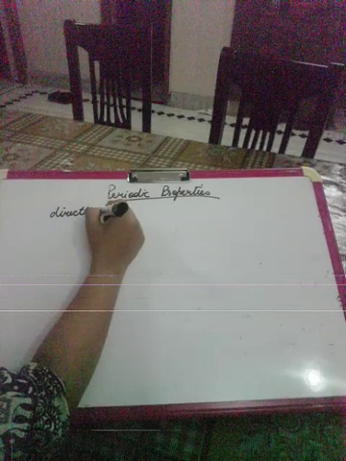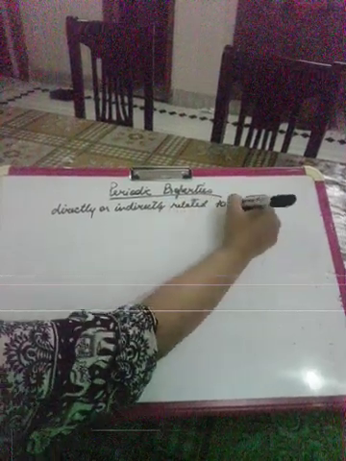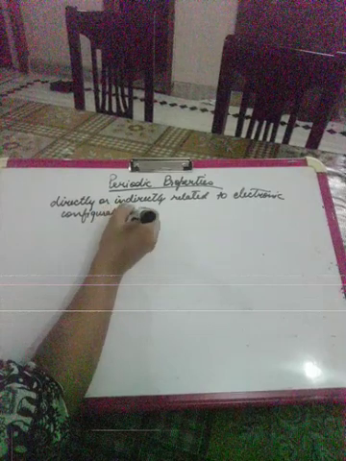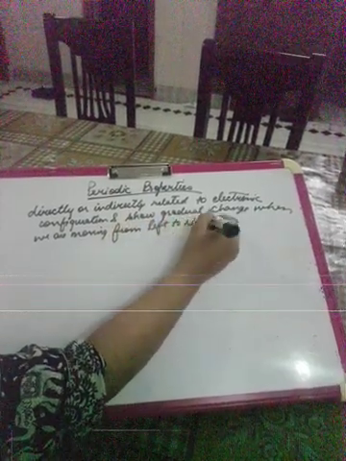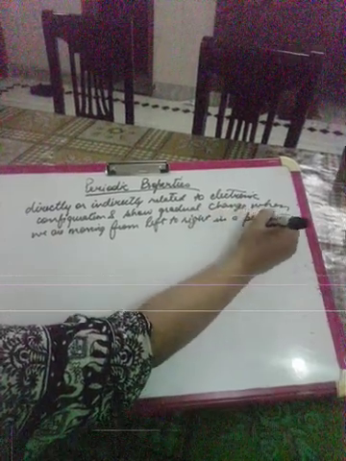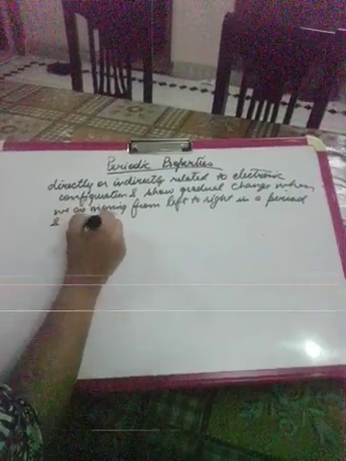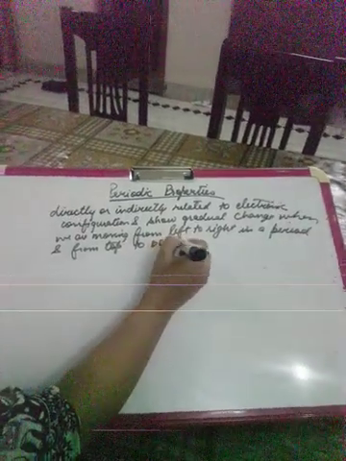First of all, you should know what periodic properties are. These are the properties which are directly or indirectly related to electronic configuration and show gradual change when we move from left to right in a period, and from top to bottom in a group.